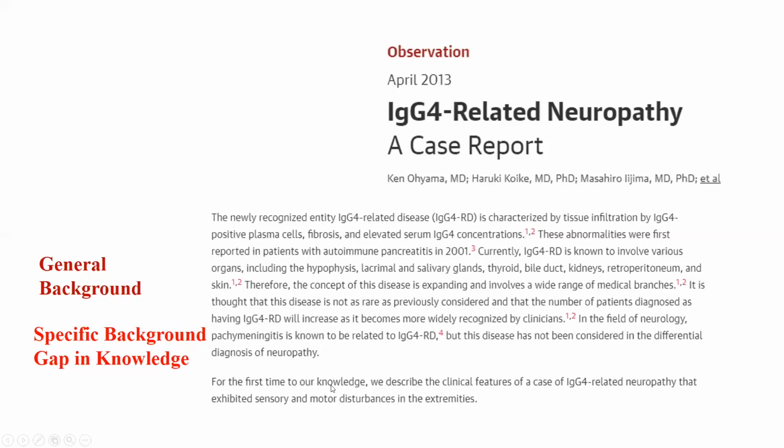As I mentioned before, in my videos I cover the case presentation before the introduction, although it comes afterwards in the actual paper, because I prefer to write the case presentation before the introduction and discussion. This is information you already have, unlike the introduction, which you have to write from your case and the literature, mainly the literature. So they mentioned, for the first time to our knowledge, we describe, and you mention one line about your case.